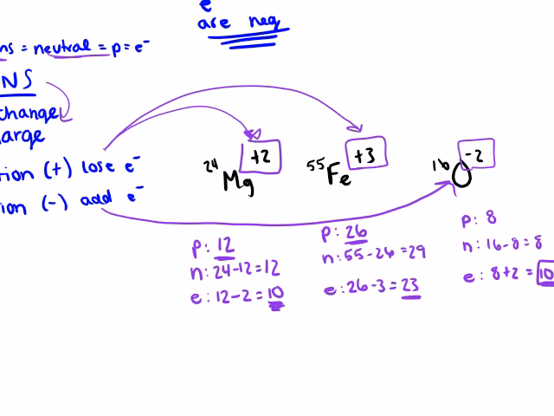All right. Now the last big vocabulary word that we need to go over is an isotope. Isotopes are much more abundant than you would think. In an isotope, the neutrons change.